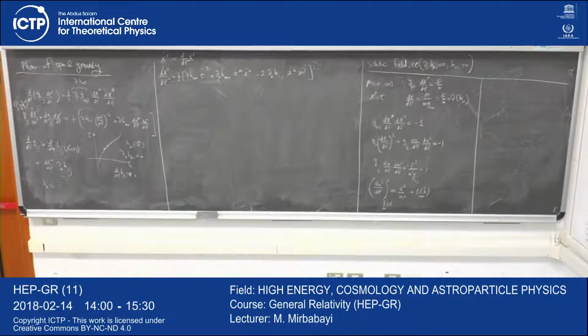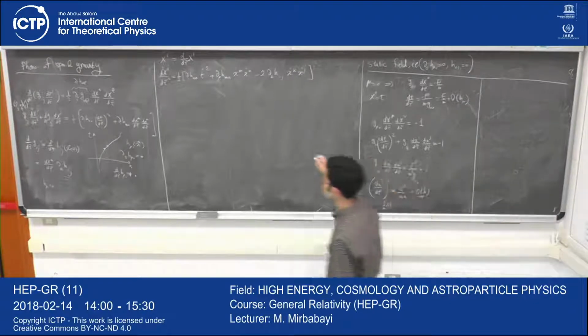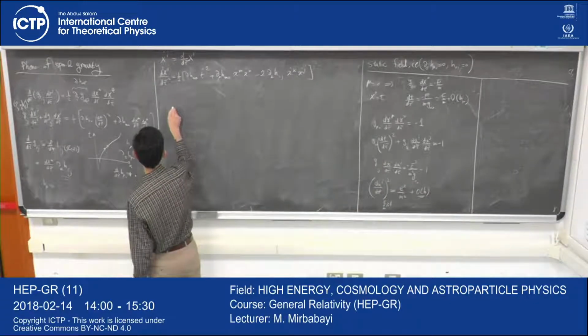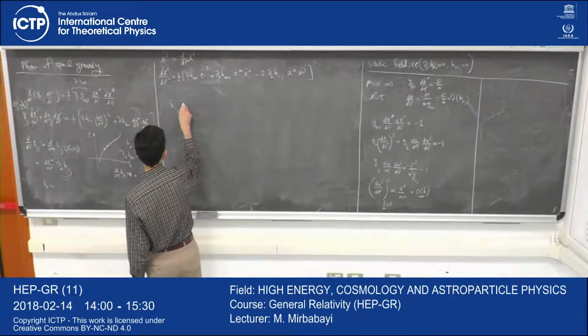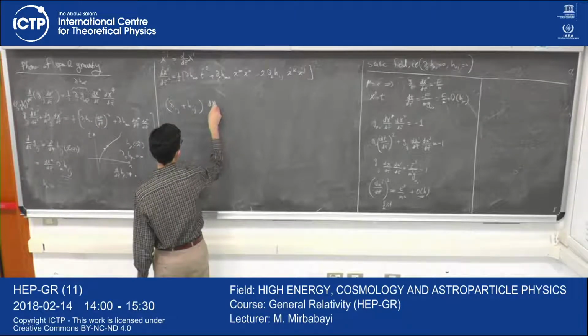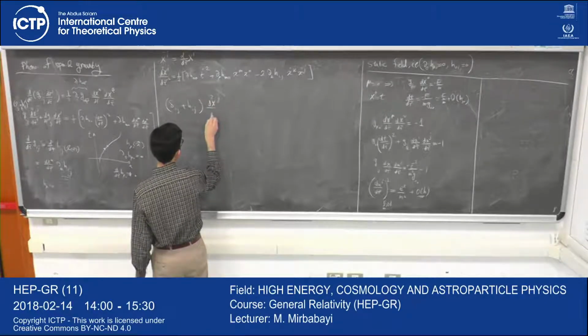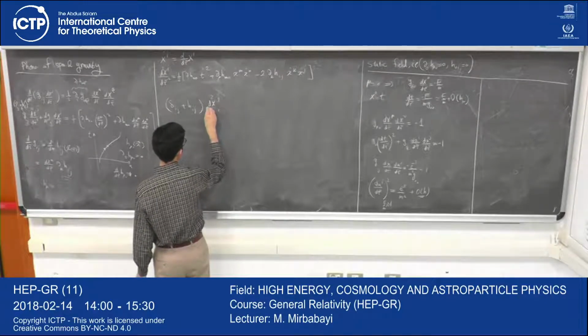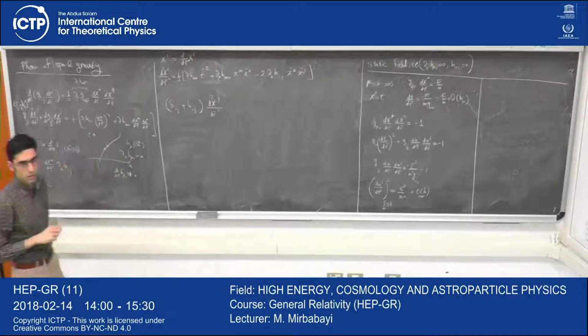So in g_ij you have delta_ij plus h_ij, and so this term is delta_ij plus h_ij times d squared x_j over d tau tilde squared. Yes.